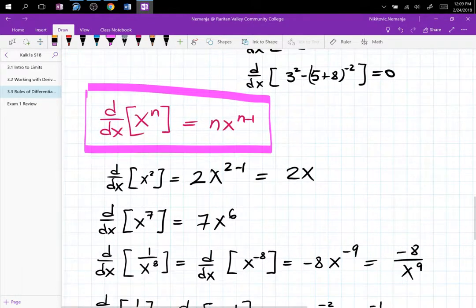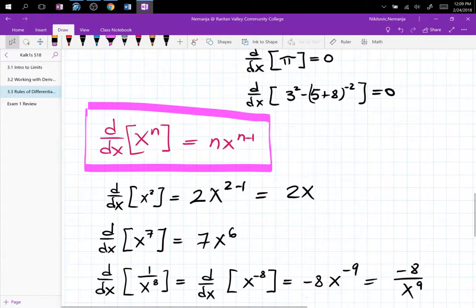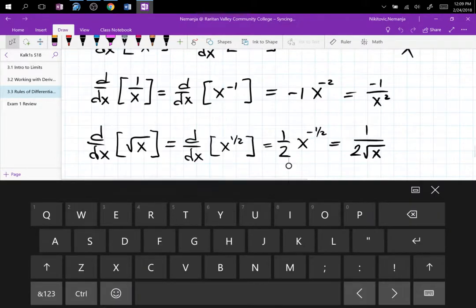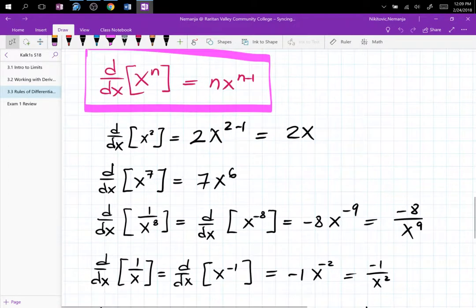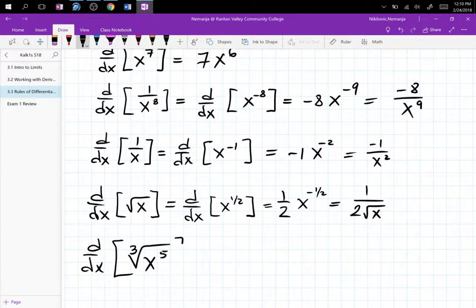So there you go. The first 2 rules to memorize. Derivative of a constant is 0, and then derivative of x to some kind of exponent. Whether that exponent is an integer for your polynomials, or a fraction for your roots of all kinds. What's a 1/3 exponent? Cube root. Exactly. So you should not have an issue with a problem that says, what is the derivative of the cube root of x to the 5?